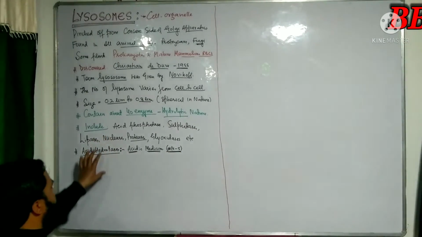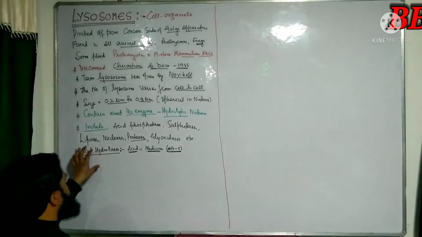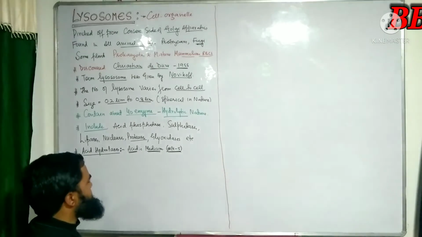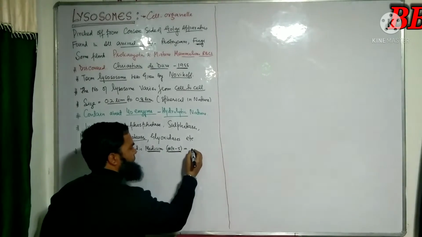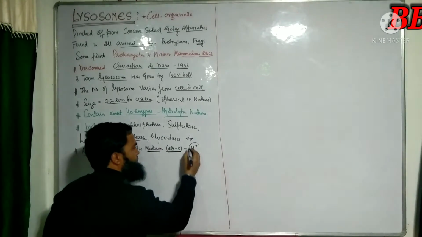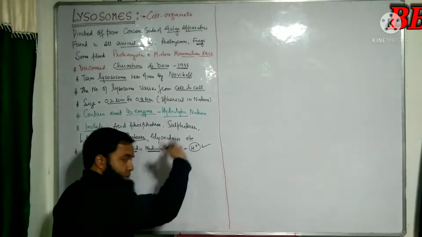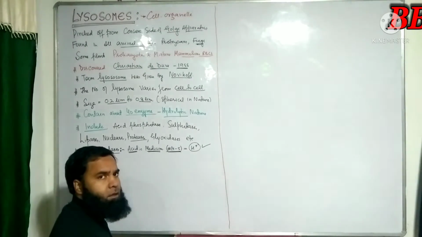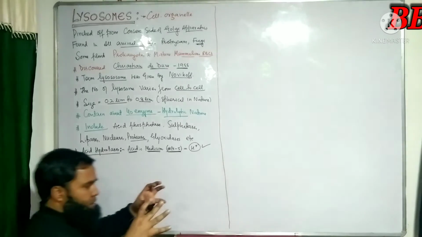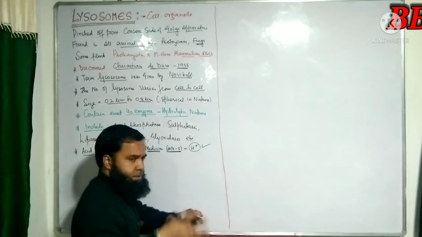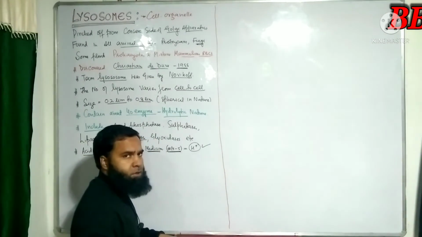Once again, these enzymes are collectively called acid hydrolases because they work in acidic medium, and the acidic medium is created by the protons which are pumped inside the lysosomes from the cytosol.